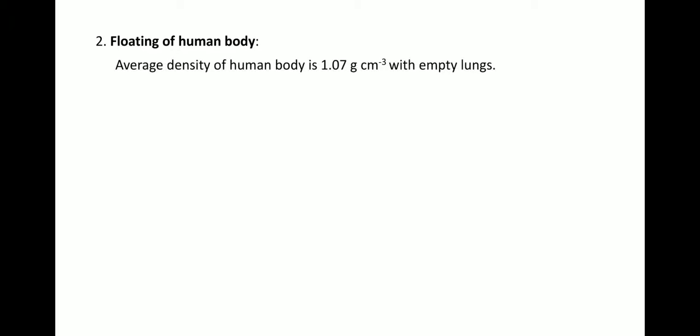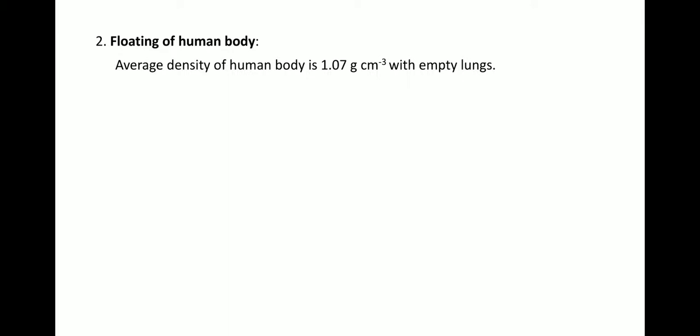Next, number 2, floating of the human body. The average density of the human body is 1.07 gram per centimeter cube with empty lungs. What do we mean by empty lungs?